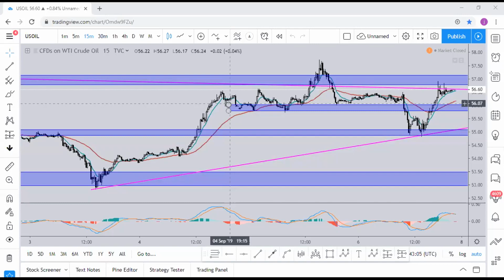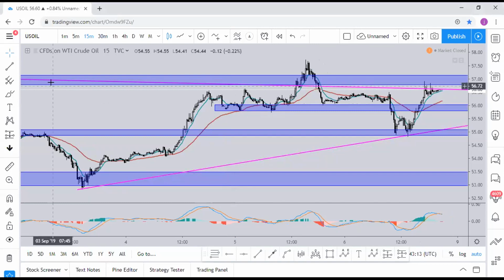I can only see Javon has started. Okay, yeah, I can see it now. Which pair? Yes, Euro GBP.